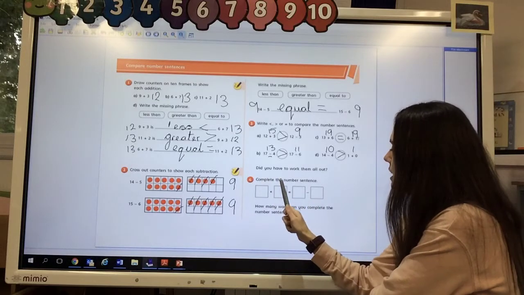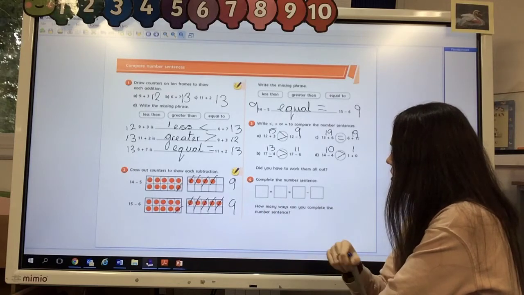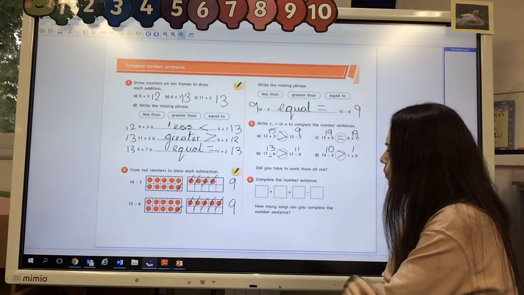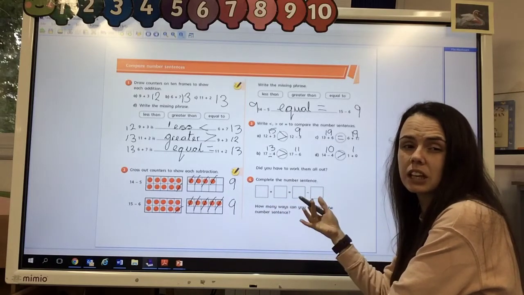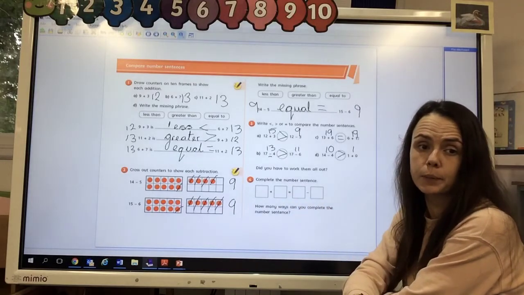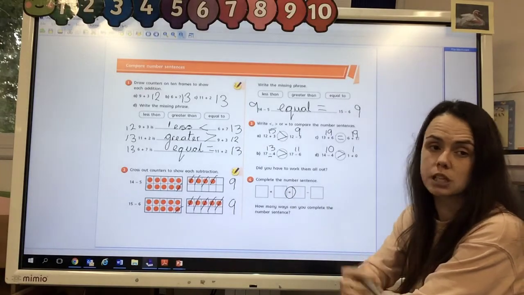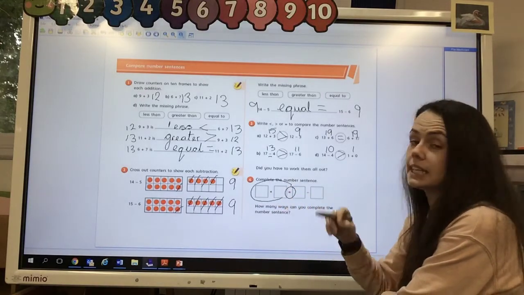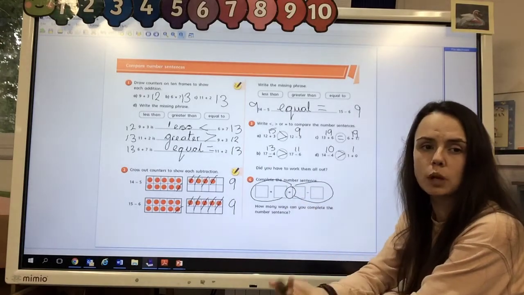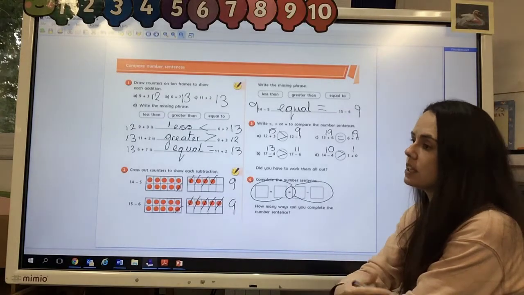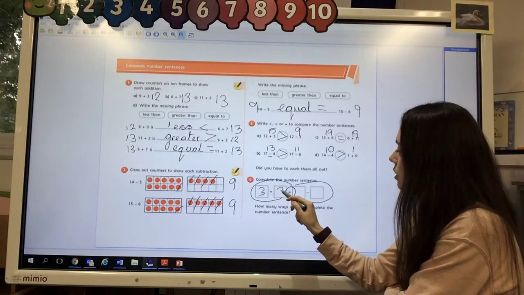Now, complete the number sentence here. How many ways can you complete this number sentence? So, it has got something plus something equals something plus something. So we need to look at our symbols here. Our symbol here in the middle is our equals, which tells us whatever is on this side needs to be exactly the same as on this side. So let's pick 2 numbers that we can add together. So let's do 3 add 3.